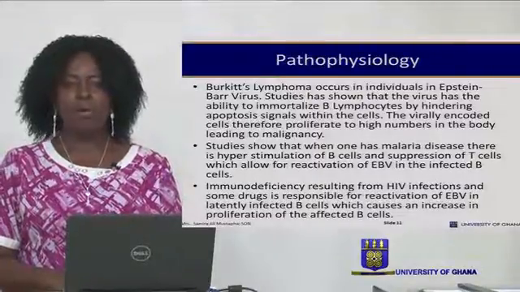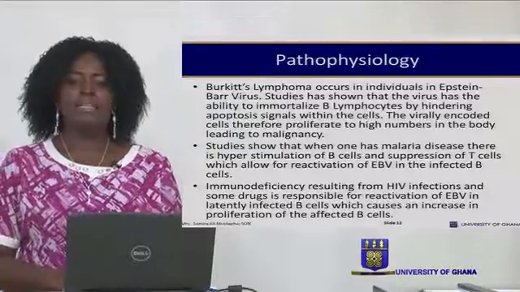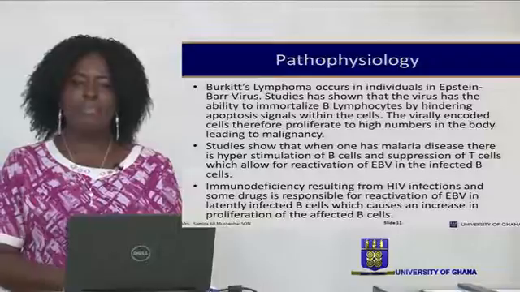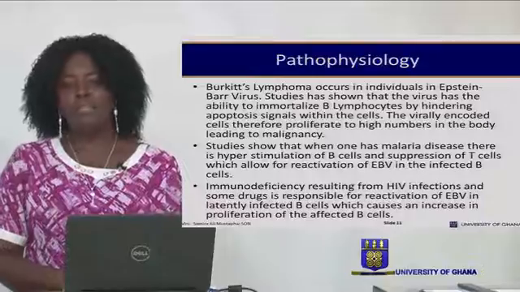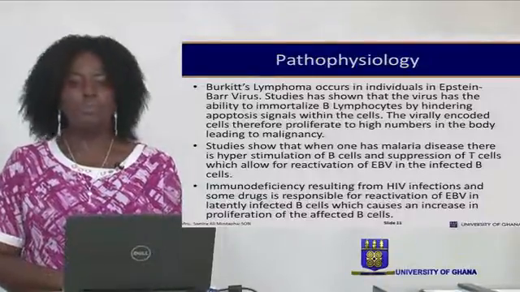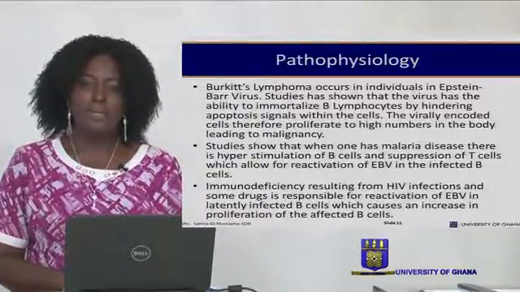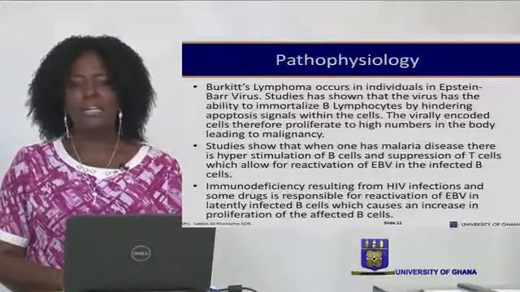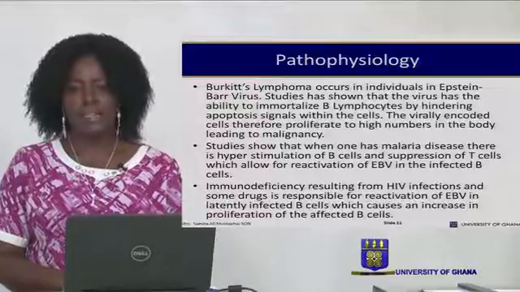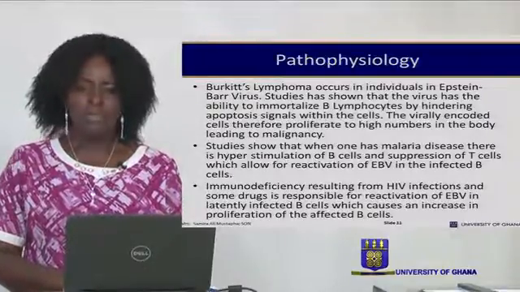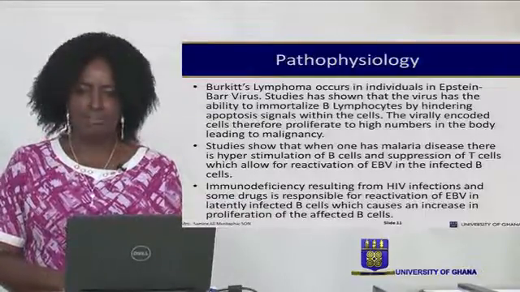When it immortalizes them by preserving the virus, it suppresses the body's own way of destroying the B lymphocytes, which is by self-eating, what we call apoptosis. Then the B lymphocytes that have been infected by the Epstein-Barr virus begin to proliferate and multiply more than normal, and therefore result in the cancer.